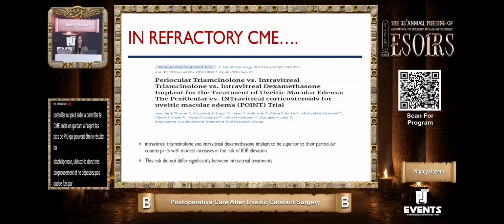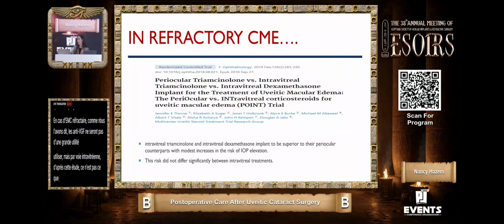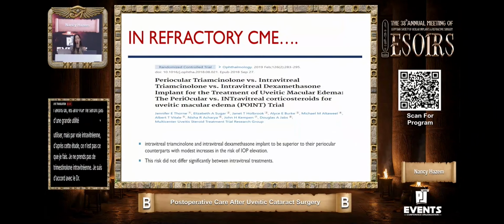In cases of refractory CME, as we said, anti-VEGF will not be of much use, but an intravitreal steroid, according to this study, is an option. This is not what I do. I do not do intravitreal triamcinolone. I agree with Dr. Samir completely about the risk of the IOP spikes. So we usually go for intravitreal dexamethasone, but this usually doesn't occur in the post-operative period if we're anticipating that this is one of the cases of uveitis that will induce or are at high risk of inducing CME, including the chronic cases, patients with pars planitis and posterior uveitis.